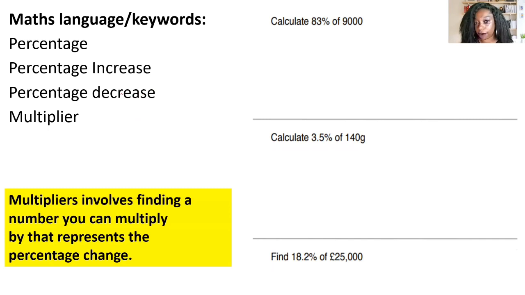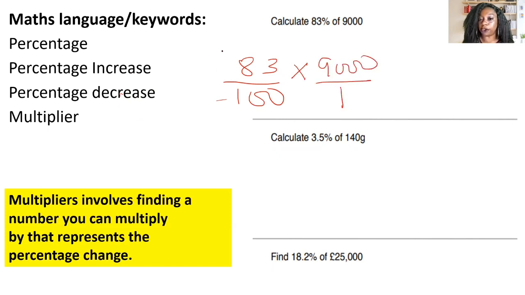So if you want to find 83% of 9,000, you want to write something like this here. 83 over 100, if you want to change it into a fraction, that's 83%, times 9,000 over 1. Now you could do it this way, but if you're very good with your decimal conversion, you can change your 83% to be 0.83. So you could do this by multiplying the top and multiplying the denominator.